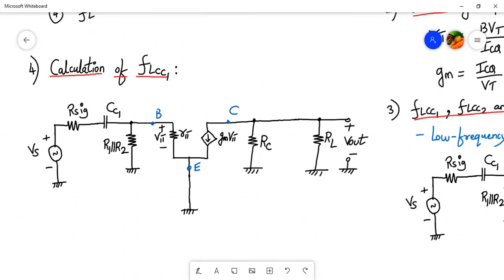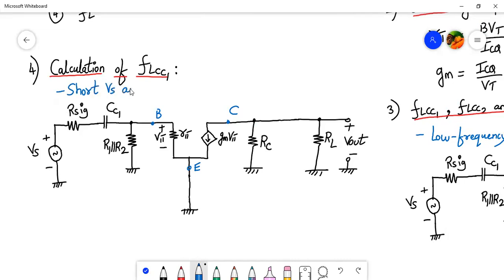So what's the procedure to follow for FL of CC1 in the low frequency equivalent circuit? We have to short VS, then we have to short CE and the coupling capacitor CC2. We have already done that.